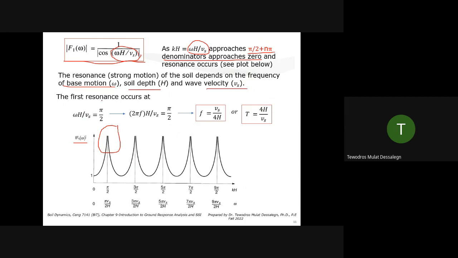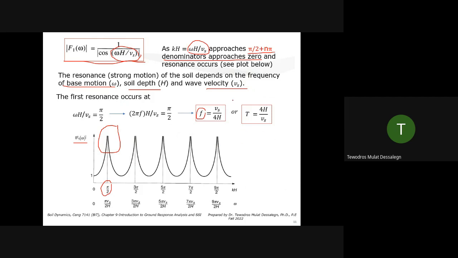The first resonance occurs at omega H by Vs equal to pi by 2. And if you solve this, the first one we usually call the fundamental frequency or fundamental period or natural period. And usually it's the dominant one, right? But in this case, almost all of them are dominant. You'll see next how the others are not dominant.